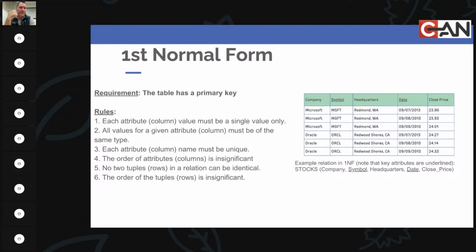All values for a given column must be the same type, right? So we've gone over that a lot. Each column name must be unique. You can't name two different things. You'll learn this in your Python class. There are some nifty things that Python will do if it comes across that.